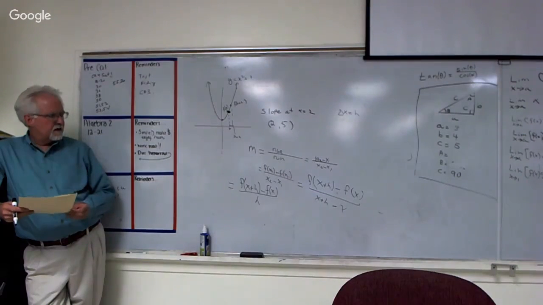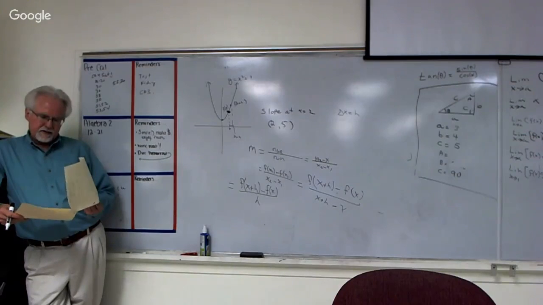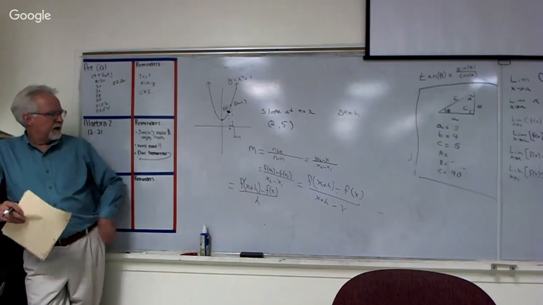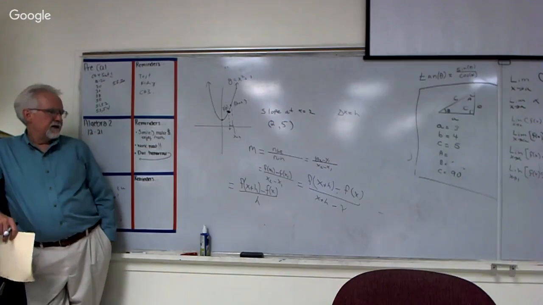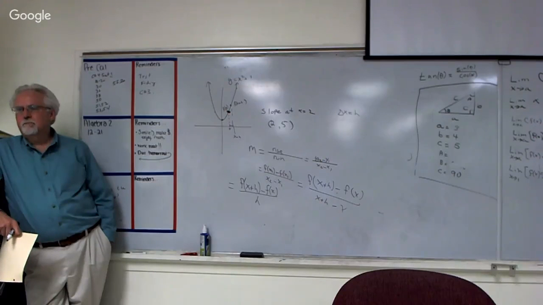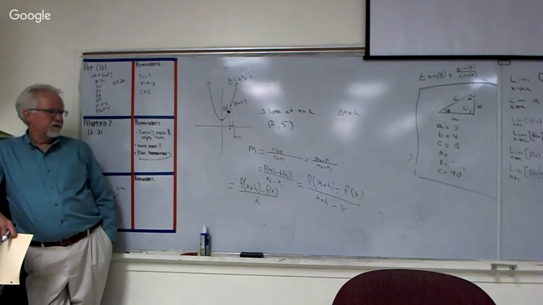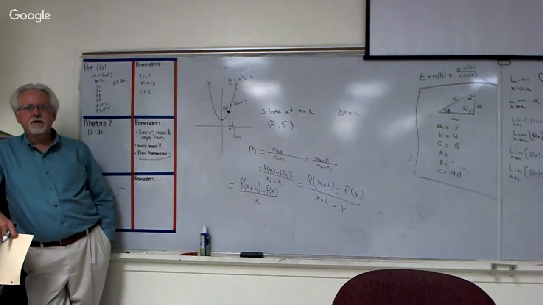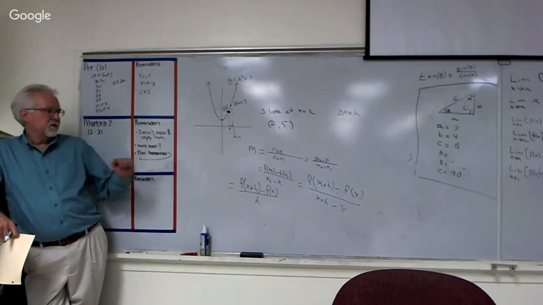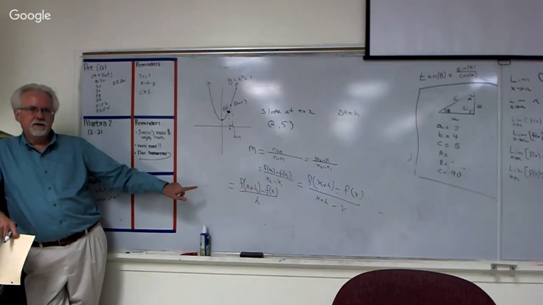All right. Now, what do we know in Excel about accuracy of the answer? Pretty accurate as long as the h is small. What if h is 2 million? Is it going to be accurate? No. So tell me something about relative accuracy. We're not talking about delta x, we're talking about h.